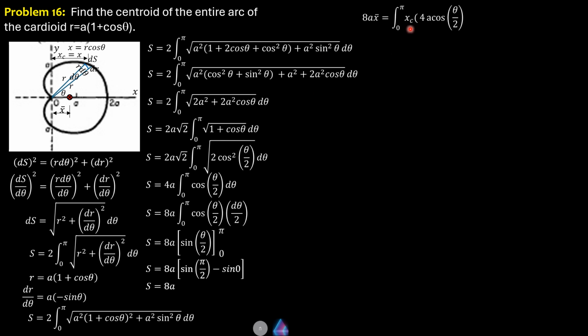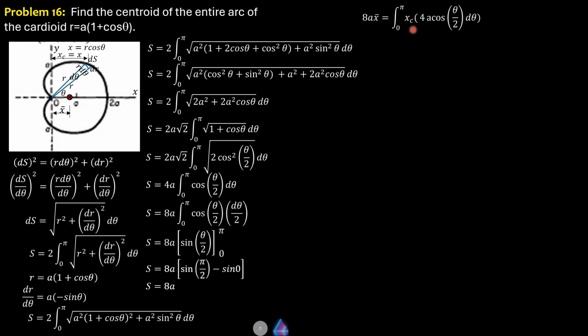8a x bar equals integral from 0 to pi of x sub c ds, and ds, the simplified part, is this. So we copy 4a cosine theta over 2 d theta for differential s. We haven't yet evaluated that part. So 8a divided by 4a is 2. So this remains 2 x bar.